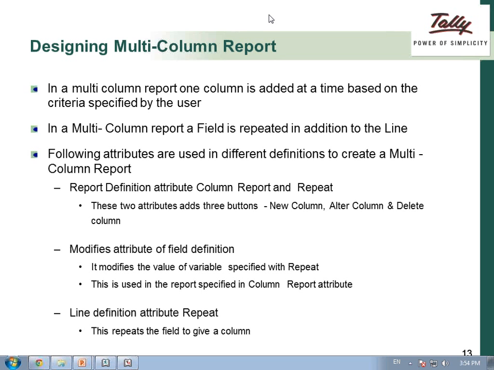But the part can be repeated. It's not that the part cannot be repeated. Part can be repeated, in a scenario where we talk about multi-account printing. Part can be repeated within the part.